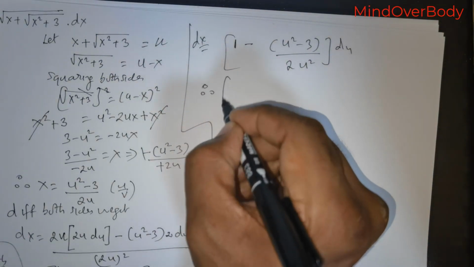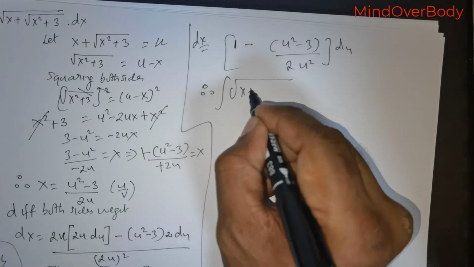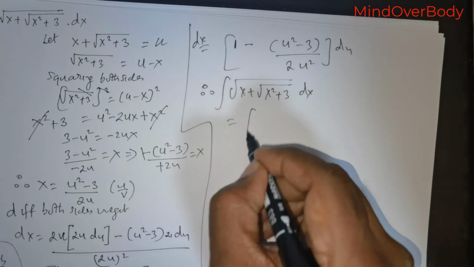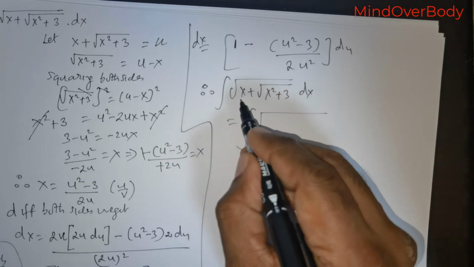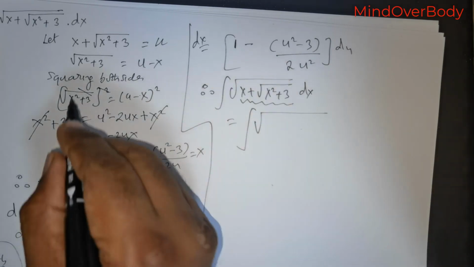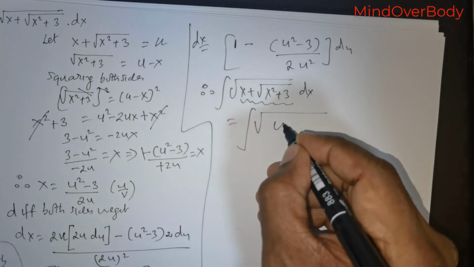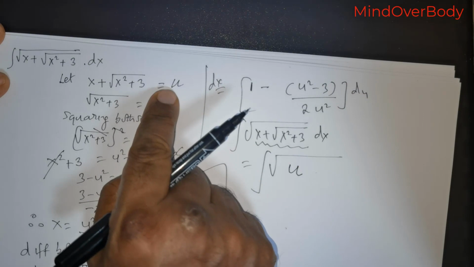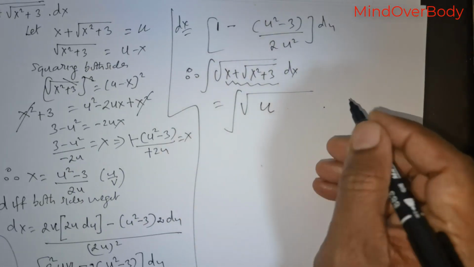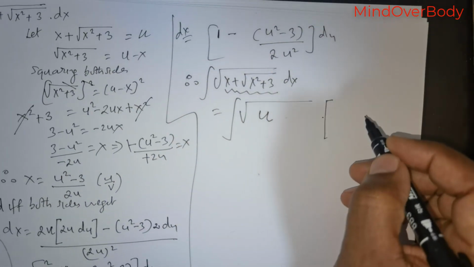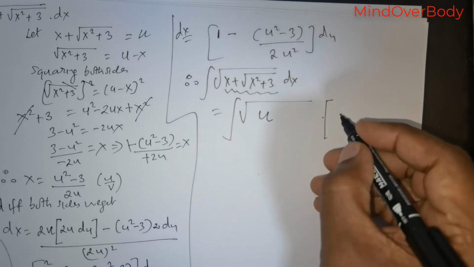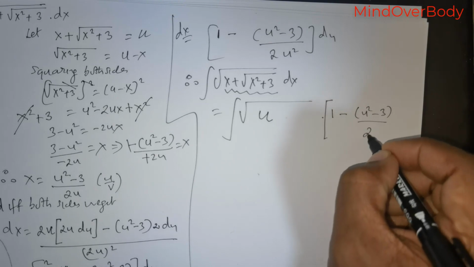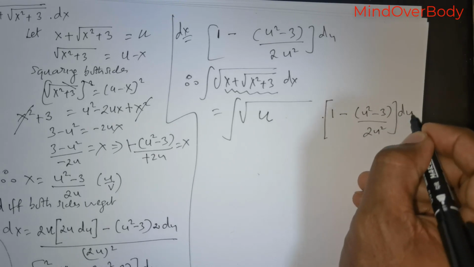So therefore the integral of root of x plus root of x squared plus 3 times dx is equal to the integral, in place of x plus root of x squared plus 3 you can substitute u, and in place of dx I can substitute 1 minus u squared minus 3 divided by 2 times u squared times du.